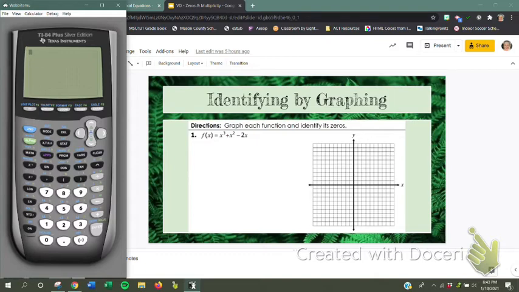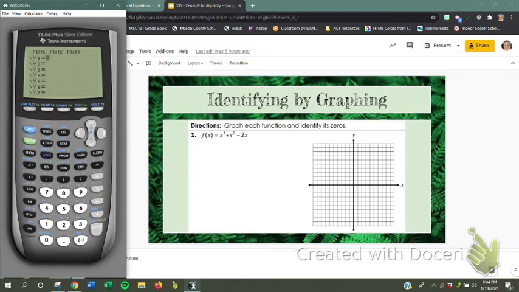Okay, so for a TI-84, the way that we want to graph this function is to click on y equals, right here. Then we type in our function.